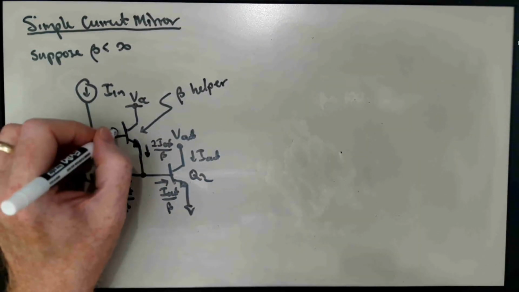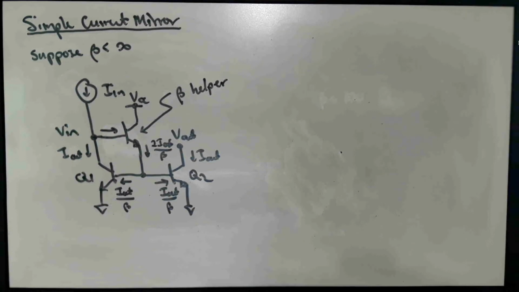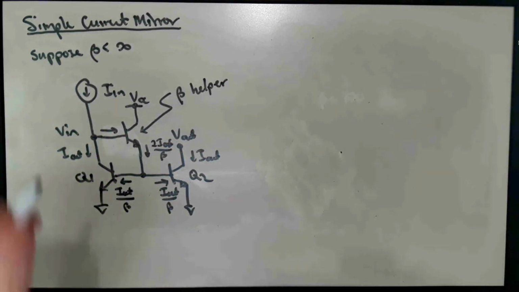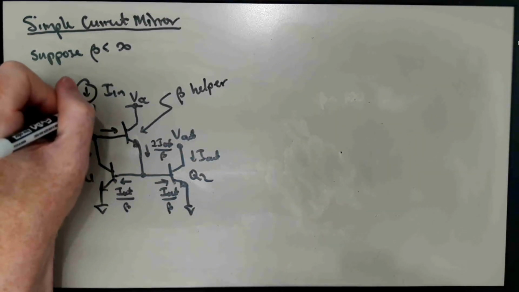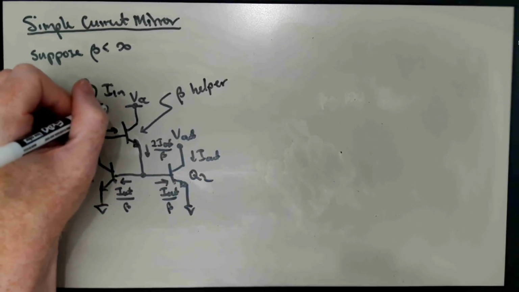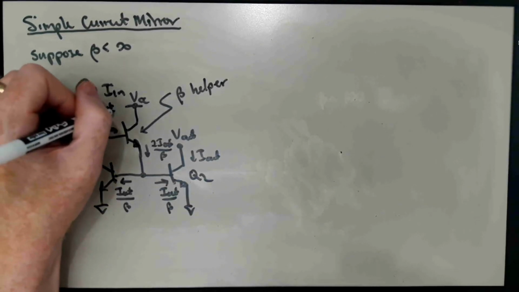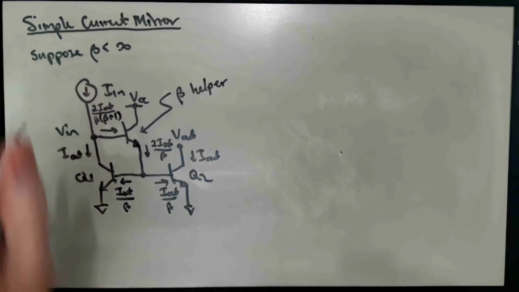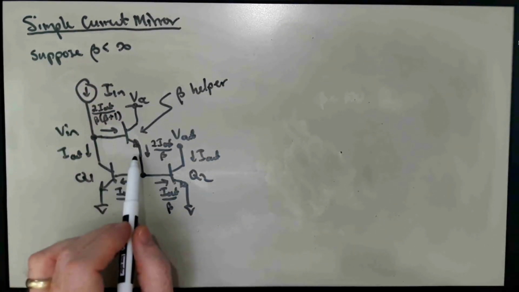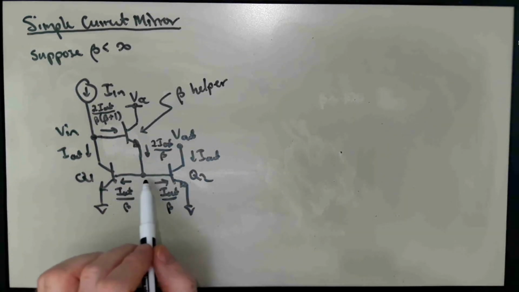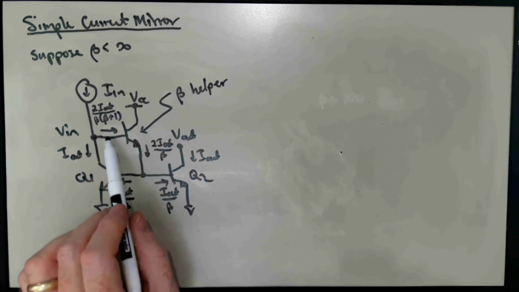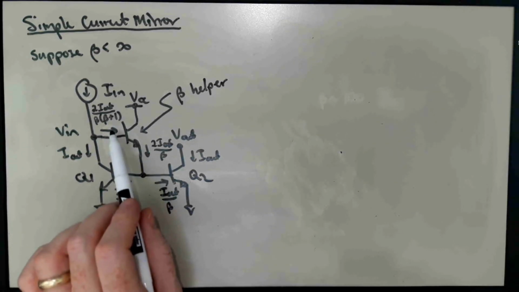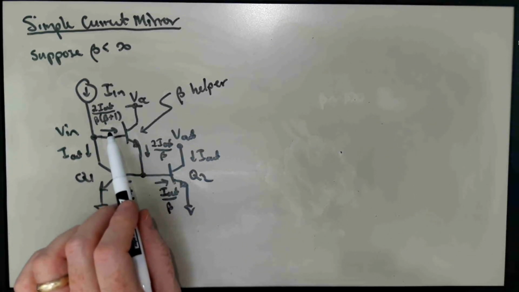And the base current here would be that divided by beta plus 1, so 2I out over beta times beta plus 1. Right, because the base current is 1 over beta plus 1 times the emitter current, and the emitter current is the base currents here. And so we're knocking this base current down by another factor of beta plus 1.